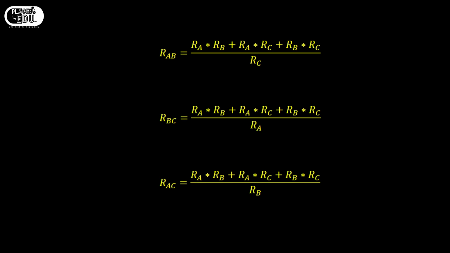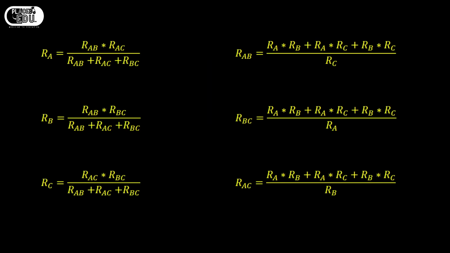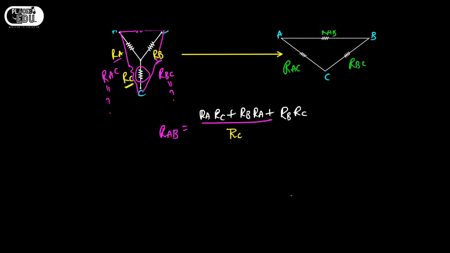This is clear, right? So what you have to take from these formulas is, always products are in the numerators. So see here, what is the rule? The products must be in the numerator.